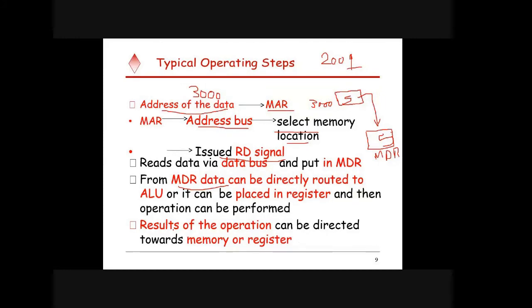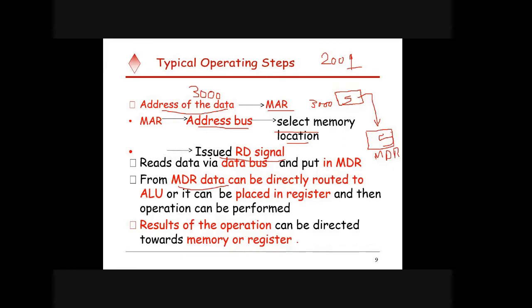So how can it write the result into the memory? Now where is the data? Data will be processed in the ALU and the result is available and it was written into R0. After that, if it wants to write into a particular memory location, the processor should give that address to MAR, and MAR will give that address to the memory unit.